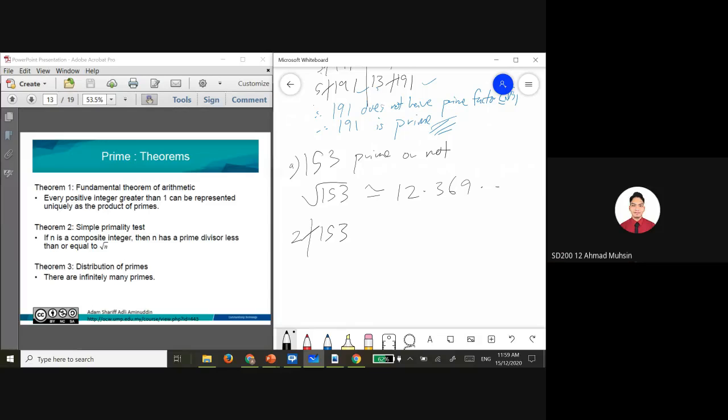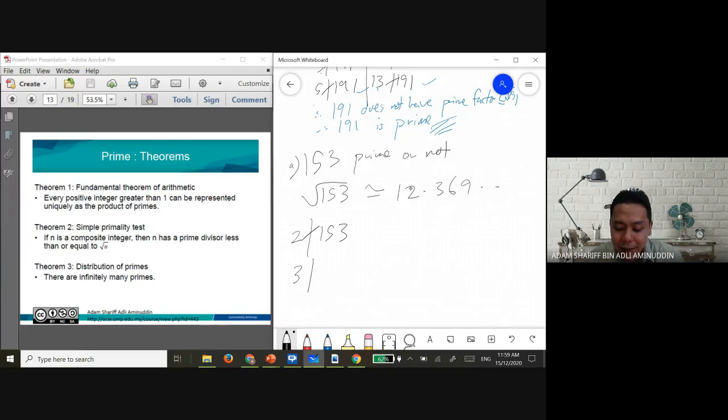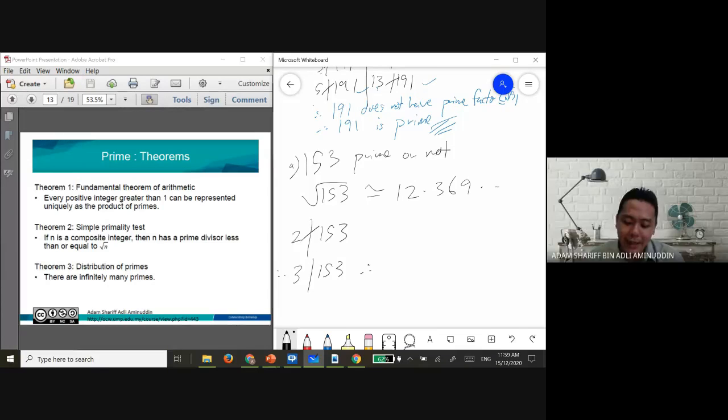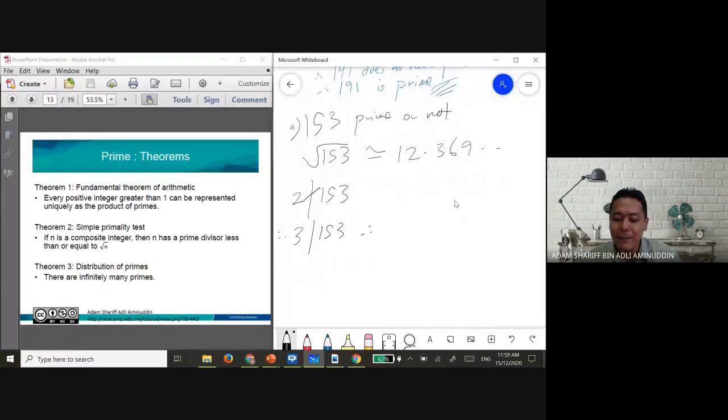No. 3, is it a factor of 153? Yes. Okay. So, because it has a prime factor less than 12, which is 3 by the way, therefore 153 is composite. Or in other words, it is not prime.